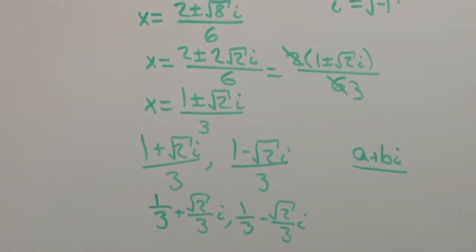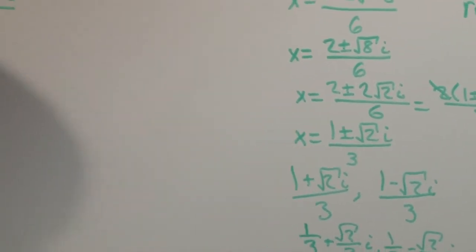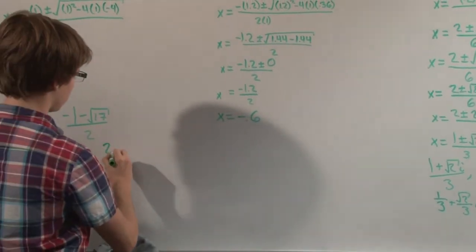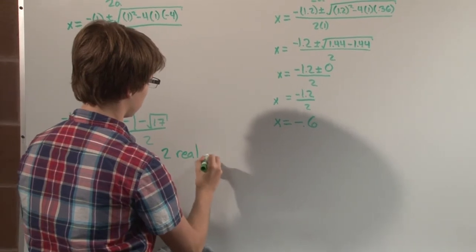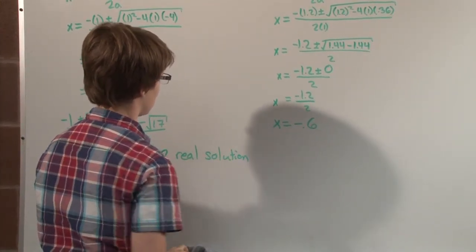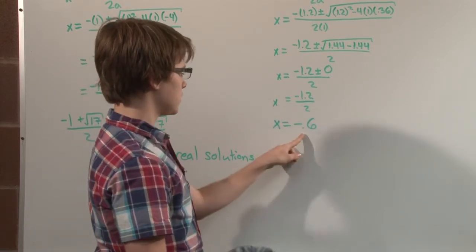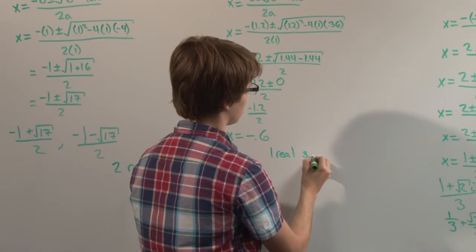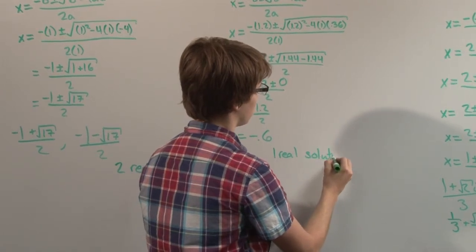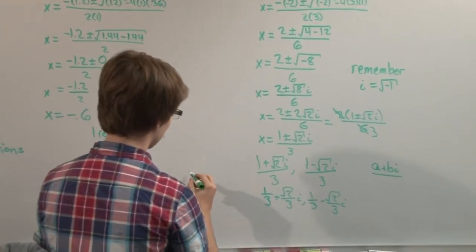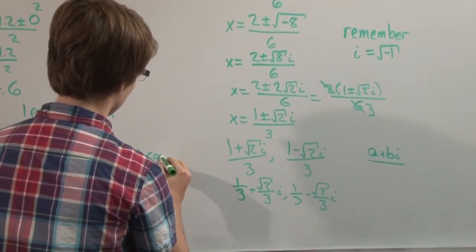So, notice that we have 3 different kinds of solutions. We have one where we have 2 real solutions. This one has 1 real solution. And then this has 2 complex but not real solutions.